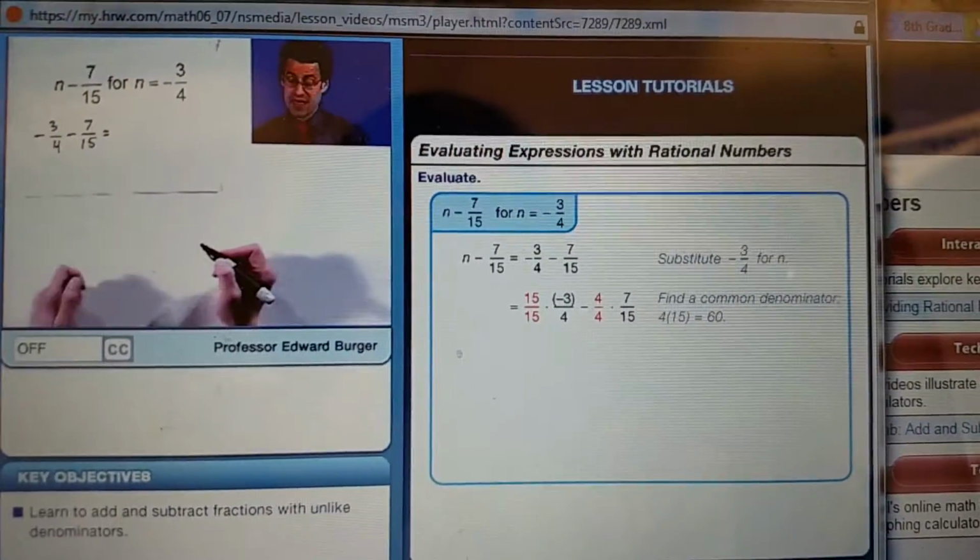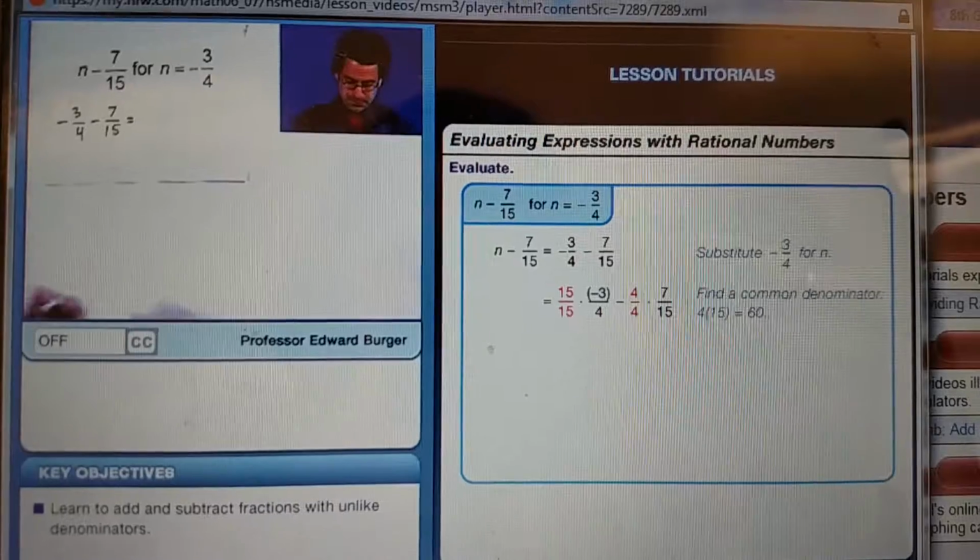But I have to multiply both the top and the bottom. So what do I do?